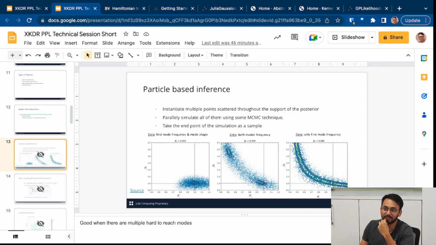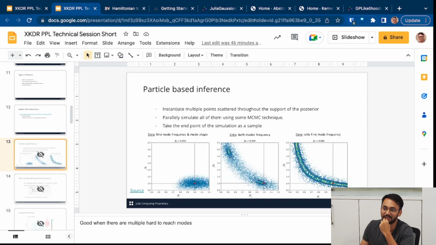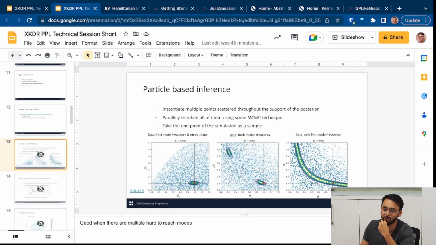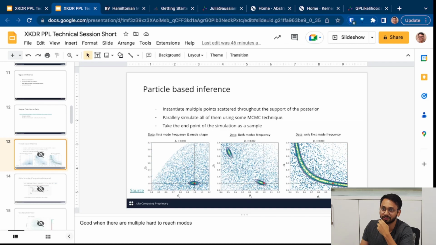This is great for multi-modal conditions, but it's very computationally intensive and might not be feasible in all scenarios. Within each chain you can run something like Metropolis-Hastings or even something more complex like HMC, but that depends on whether you have access to derivative information or not.